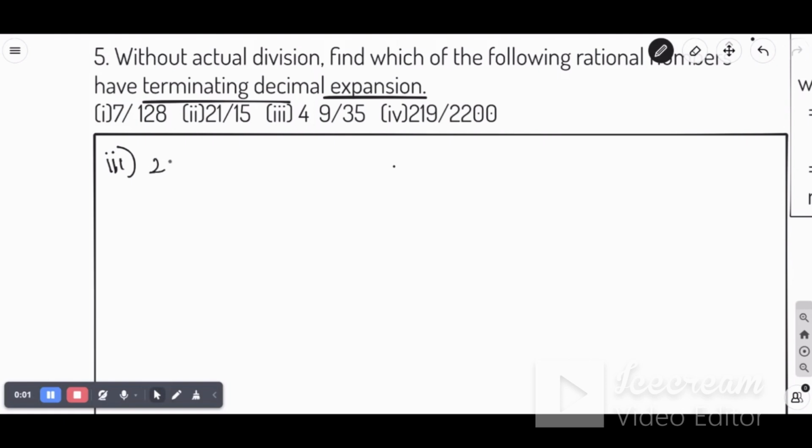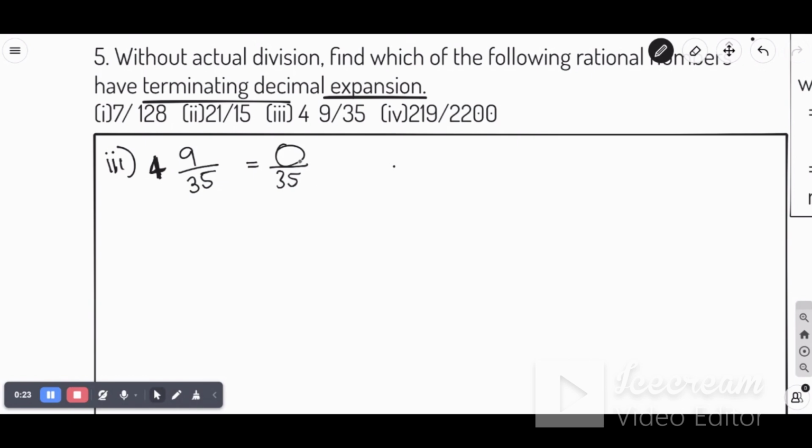The third question is 4 and 9 by 35. This is a mixed fraction, meaning we have got a whole number here. But do we need to change it to an improper fraction? Whatever we do, only our numerator is going to change. Our denominator is not going to change at any cost.